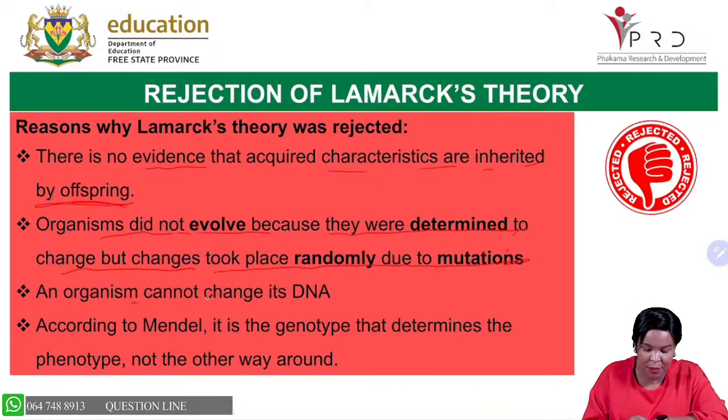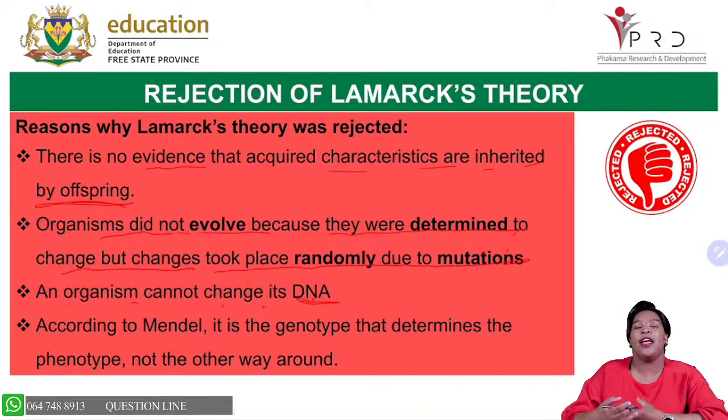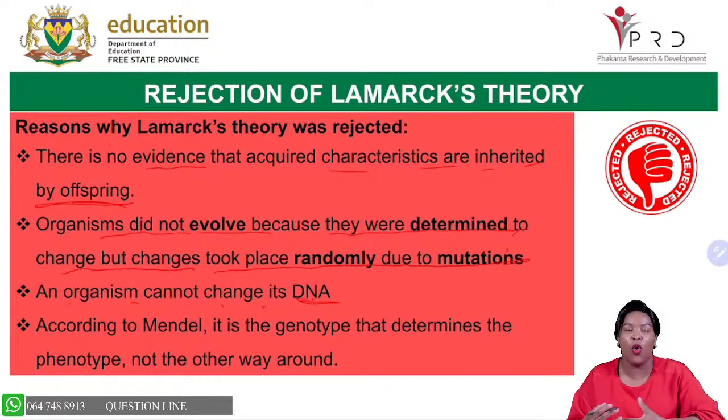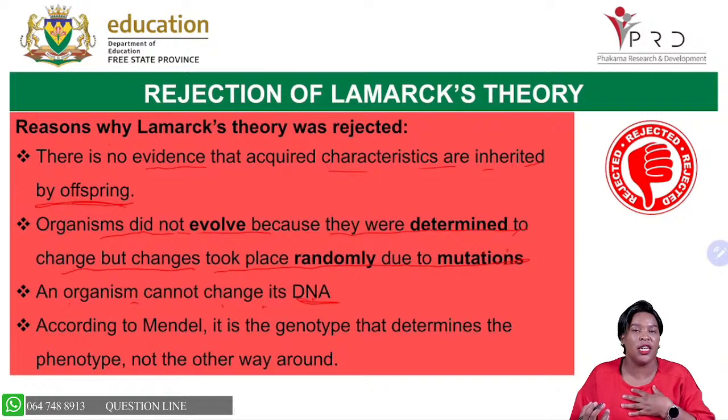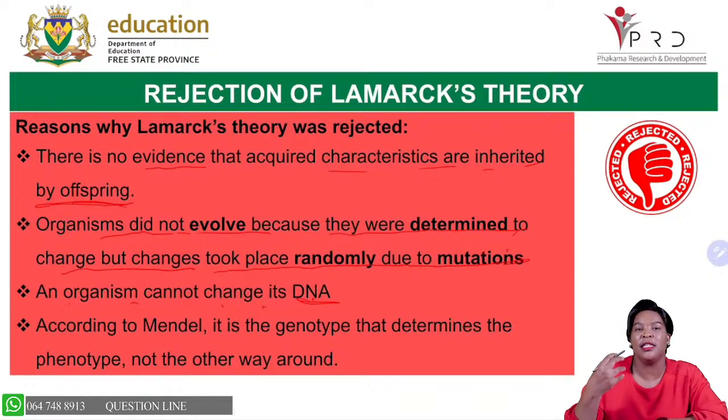Then an organism cannot change its DNA. We know that for you to have a physical characteristic or a phenotype, it must be informed by genes or the DNA, and an organism cannot change its DNA. If you are born with a short neck, you will keep your short neck, because that phenotype is controlled by a gene.